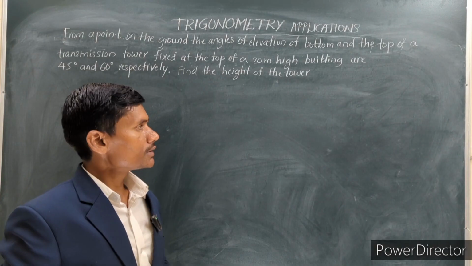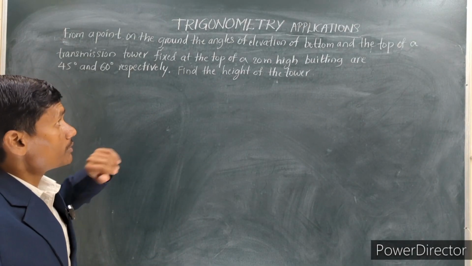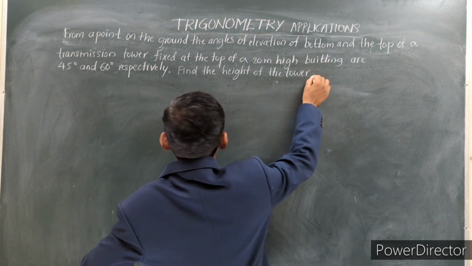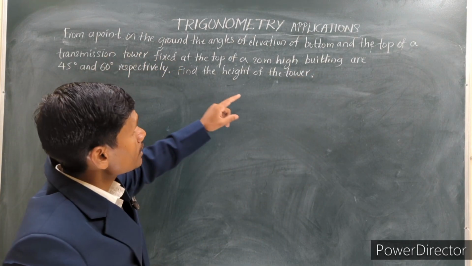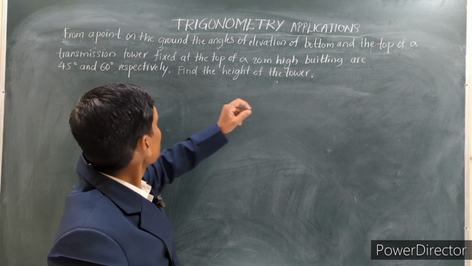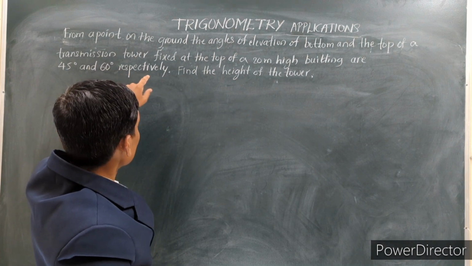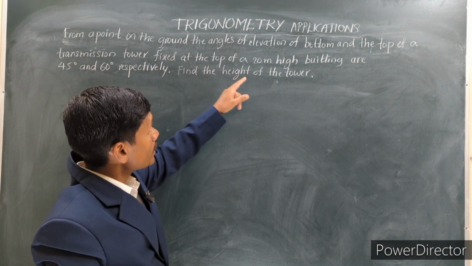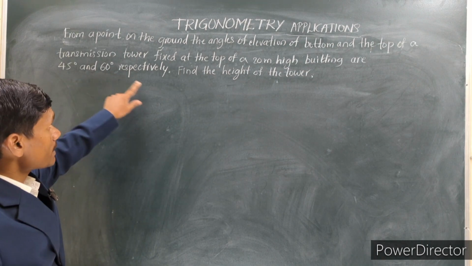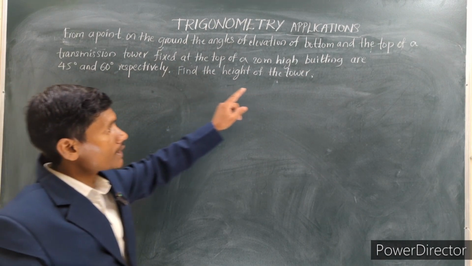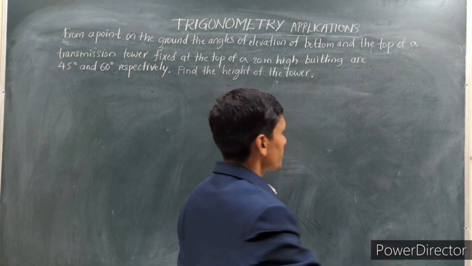Now let us take the next example, that is the next problem. What does it say here? From a point on the ground, the angles of elevation of the bottom and the top of a transmission tower fixed at the top of a 20 meter high building are 45 degree and 60 degree respectively. Find the height of the tower, they are asking. Let us put a diagram for that.